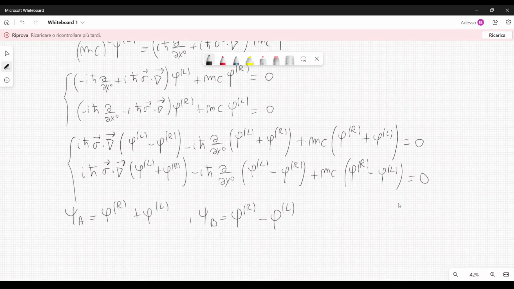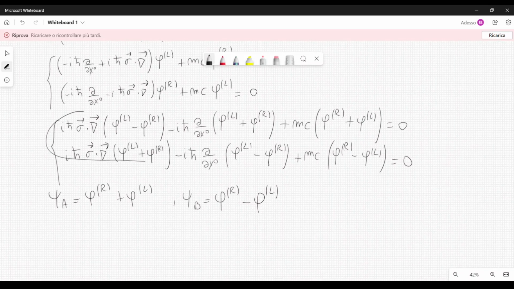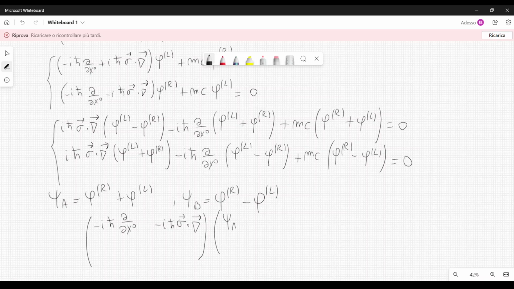By doing so, we can rewrite these two equations in matrix form like this: minus i h bar d over dx0, then minus i h bar sigma dot gradient, and here we have psi_a and then psi_b, because psi_a is going to appear here, and it is equal to phi_R plus phi_L, and it's exactly this part.